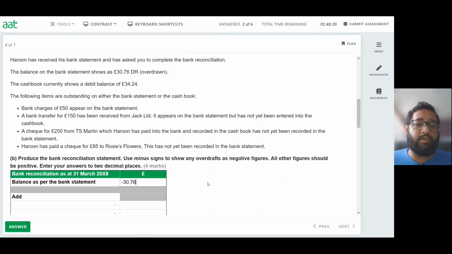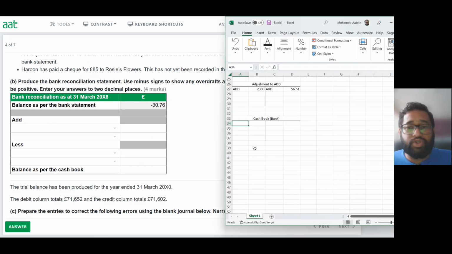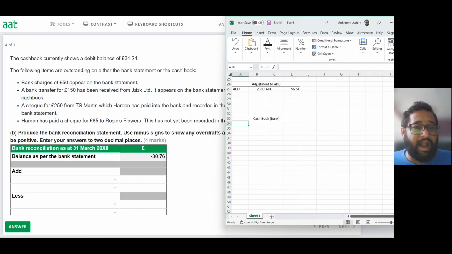Okay, so this is how I'm starting it. But then also my cash book has a debit balance according to this balance brought down for the value of £34.24. So let's put this in play. 34.24. We got that right now.